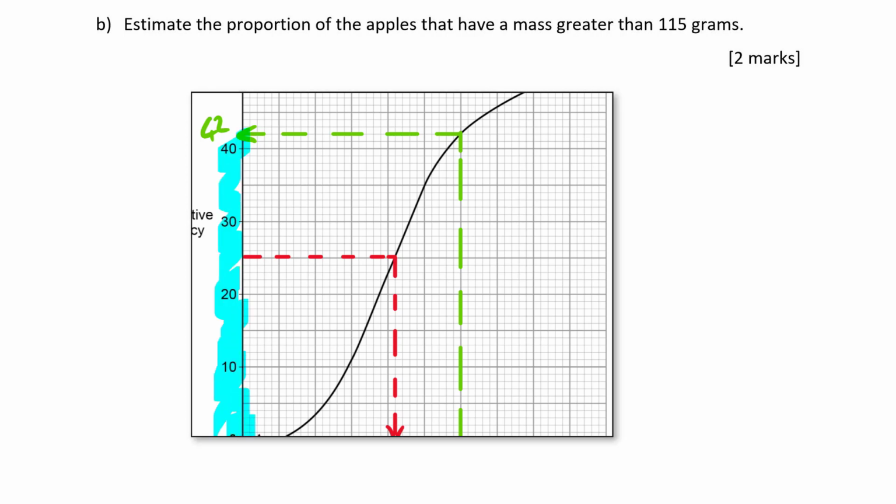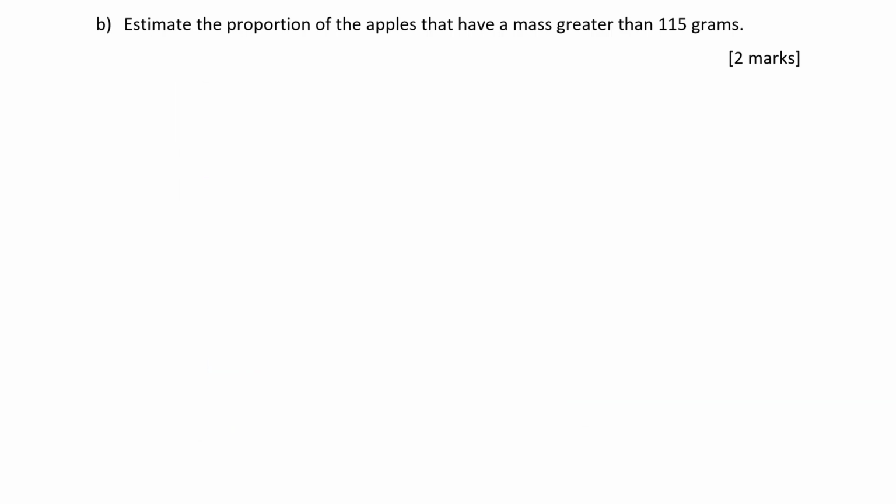I don't want that area though. I want to know how many apples are more than that. So I have to take 42 away from 50, and that will tell me how many apples are greater than that weight. So 50 subtract 42 is my answer. So it's going to be 50 subtract 42, which is 8 apples.